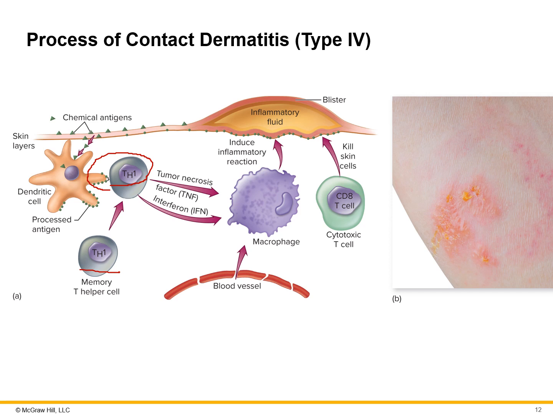Those helper T cells are going to activate the macrophages. That causes an inflammatory response. And then we get activation of cytotoxic T cells that come along and lead to the death of the cells in that area. So that leads to those blisters that we see here with contact dermatitis. So again, we're getting an activation, but it's a delayed response to that.